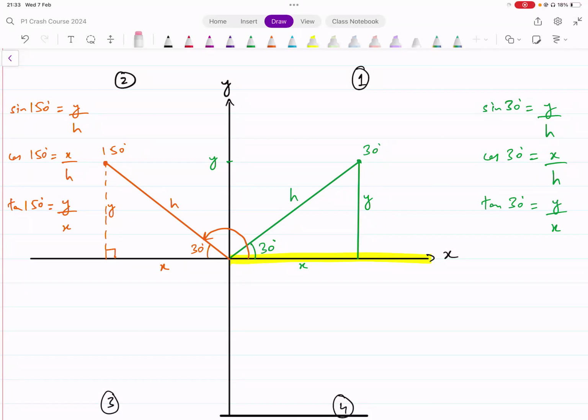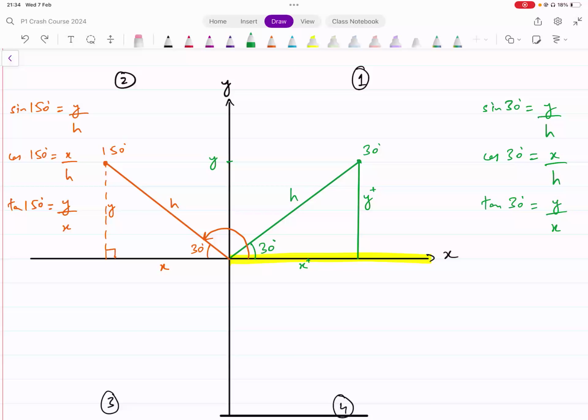What's that difference? In the first quadrant, if you think about it, the y coordinate is positive and the x coordinate is also going to be positive. H represents the length of this point from the origin. That is always going to be positive.